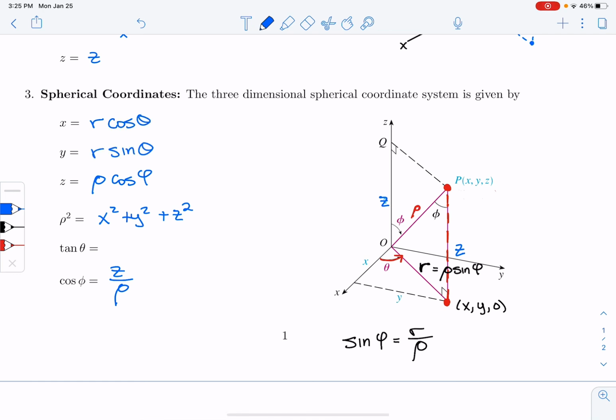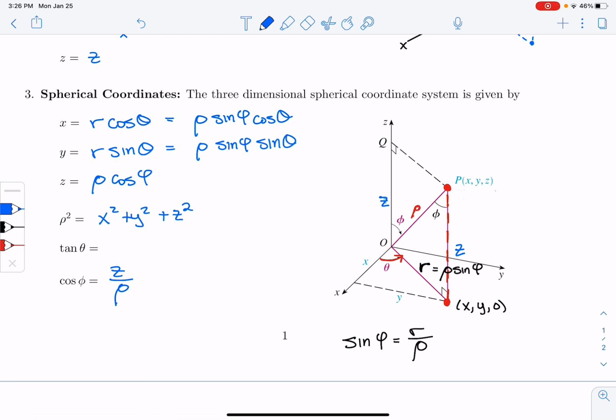But we're not going to use r in our calculations. So we're going to replace what r is, and r is going to be rho sine phi. So x is rho sine phi cosine theta, and then y is going to be rho sine phi sine theta.